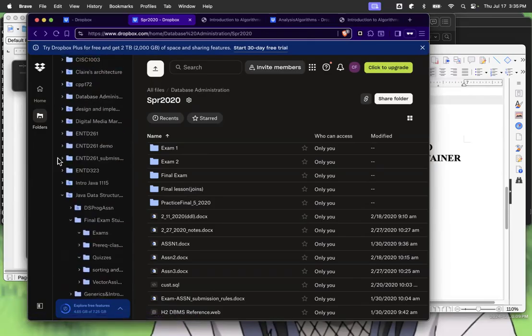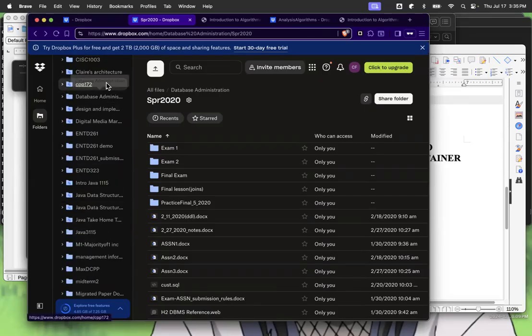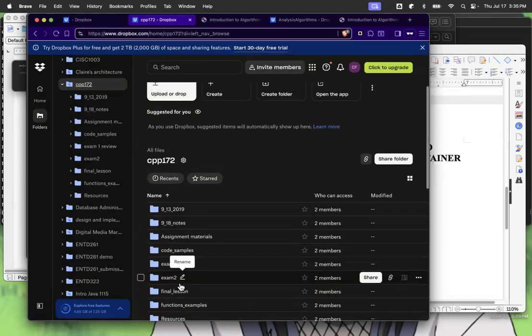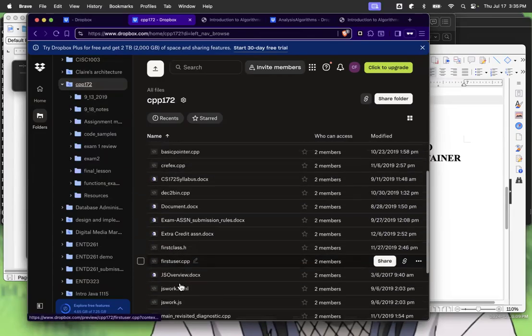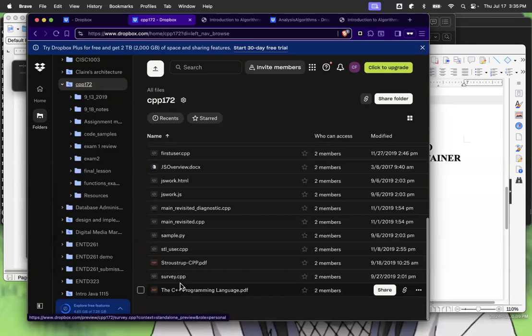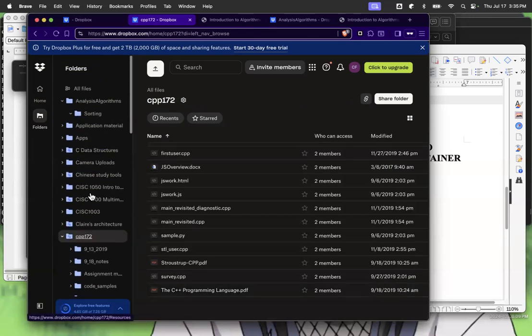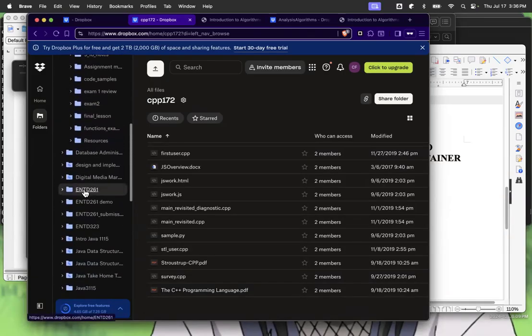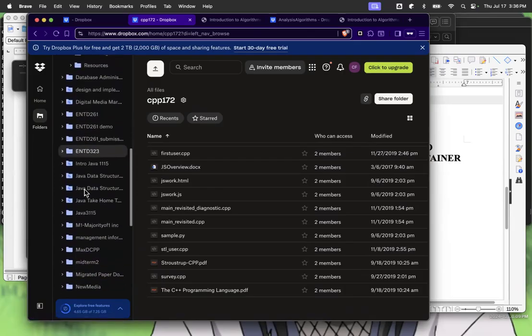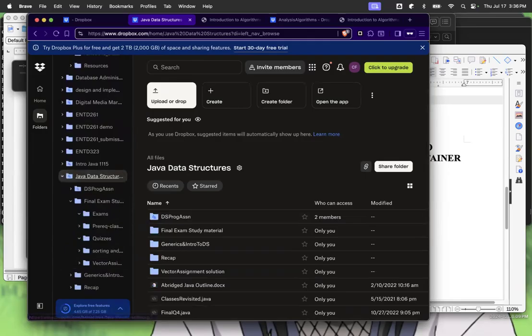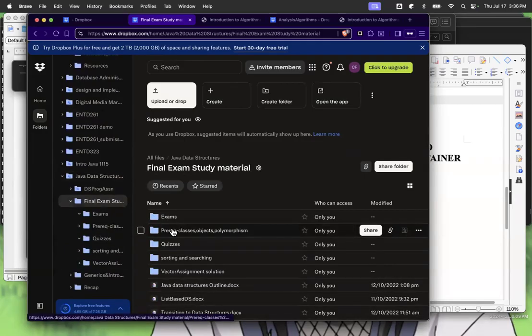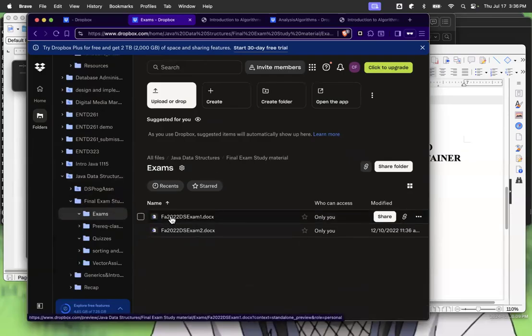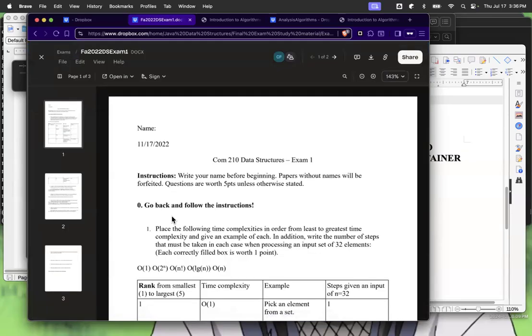Let's see, what did I do in C++? Are my exams up here for C++? I do have the final exam study material. So the previous exam looked like this.